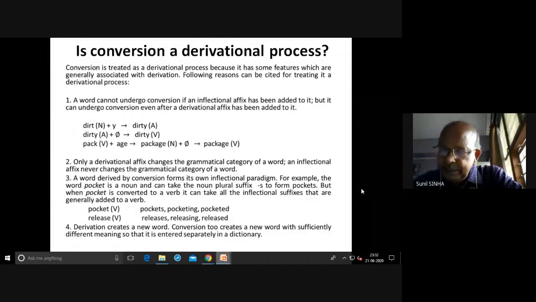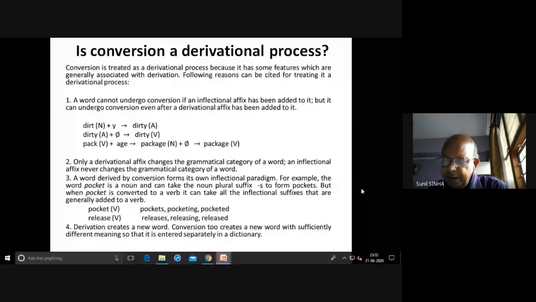This is now the point number two. Only a derivational affix changes the grammatical category. Now look at the third one. A word derived by conversion forms its own inflectional paradigm. Yes, look here. Let's look at the word pocket.